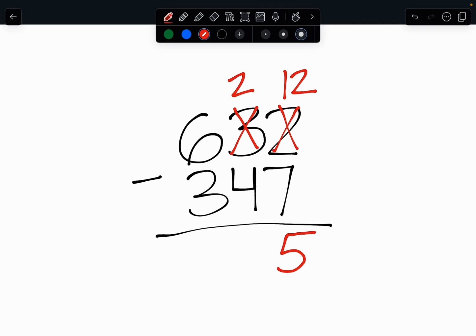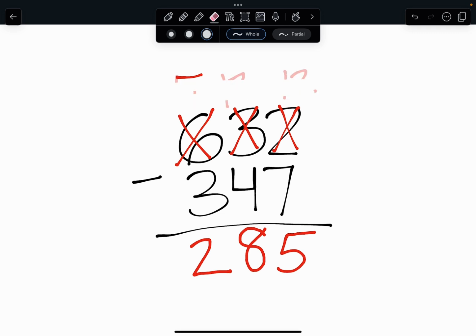So I'm going to have to come over to my 6 and make it a 5. Turn the 2 into 12. What's 12 minus 4? Give you a minute. Should be 8. What's 5 minus 3? 285 should be the answer that you get.